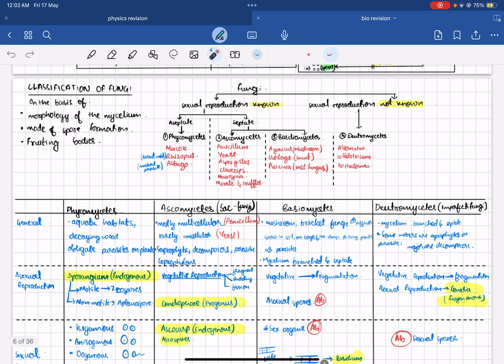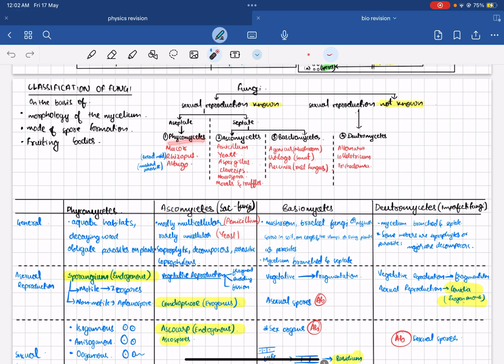How I remember is A comes first and nothing next. So aseptate and septate, and here there is no sexual reproduction known. So D. And next, Phycomycetes will be aseptate. Aseptate is single, just A1, so one only. Septate are Ascomycetes and Basidiomycetes, and last is Deuteromycetes.